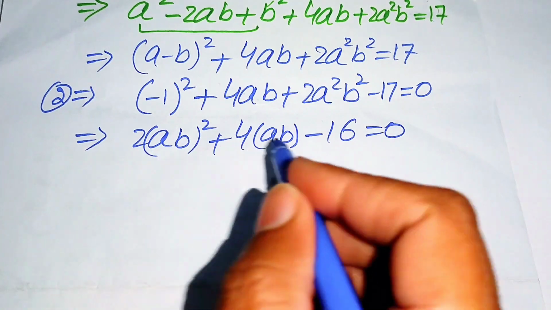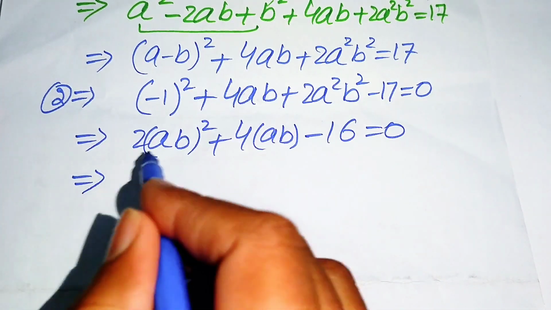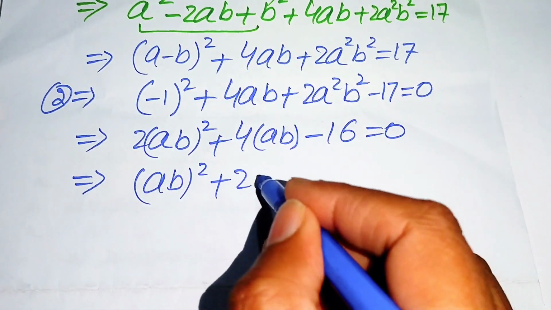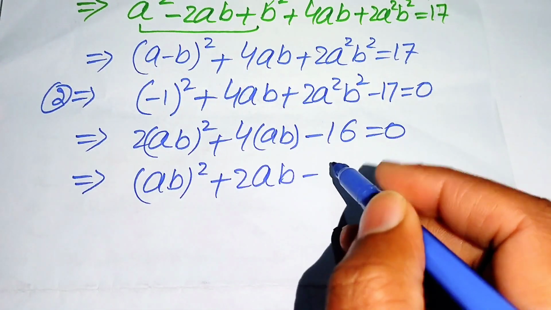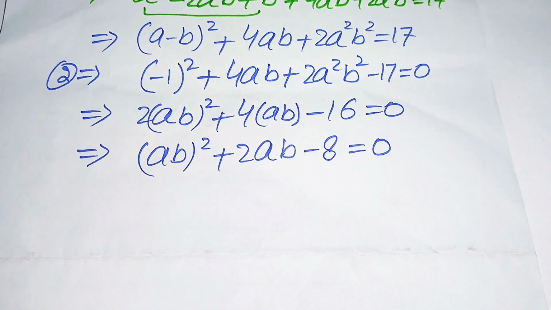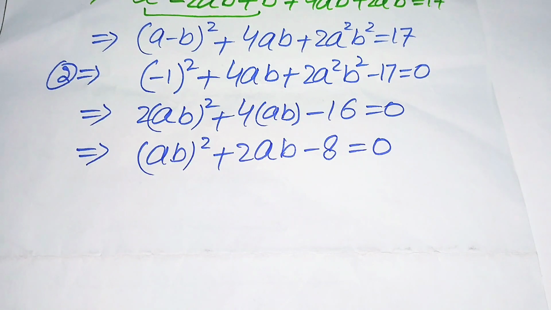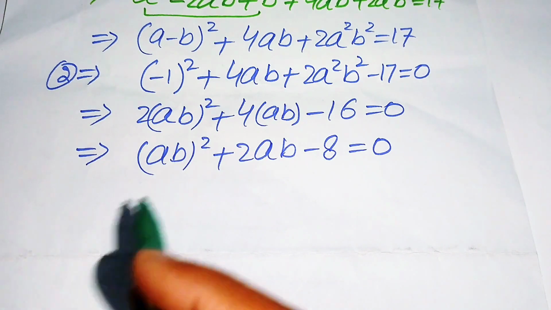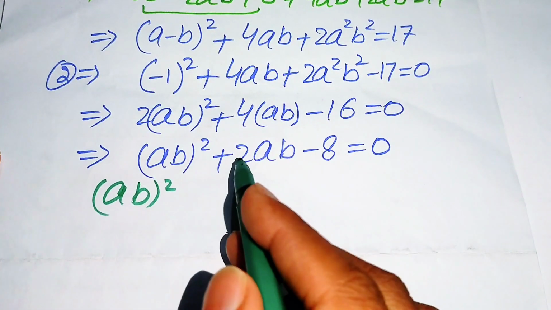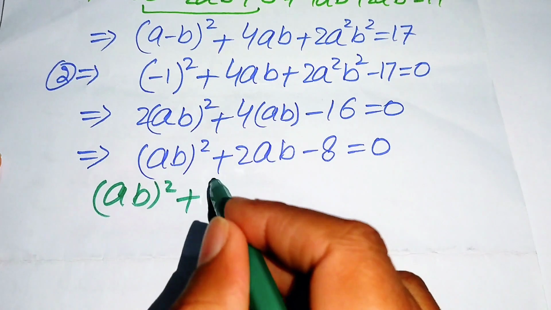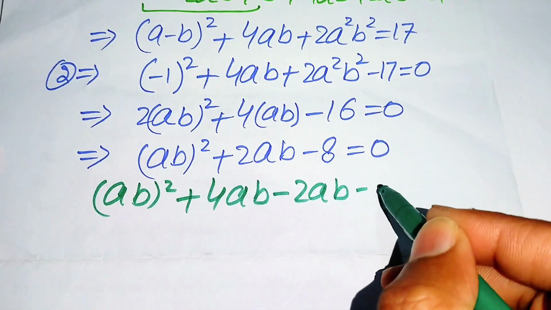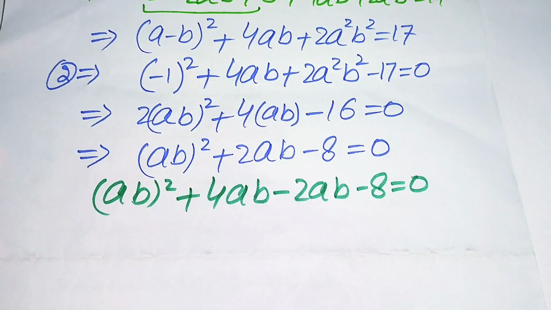So now you see that we have 2 as the common term, so we divide each expression by 2 and we get (ab) square plus 2 times ab minus 8 equals 0. And now we factorize this equation. We have (ab) square, and we break our middle term and write it as plus 4 times ab minus 2 times ab minus 8 equals 0.